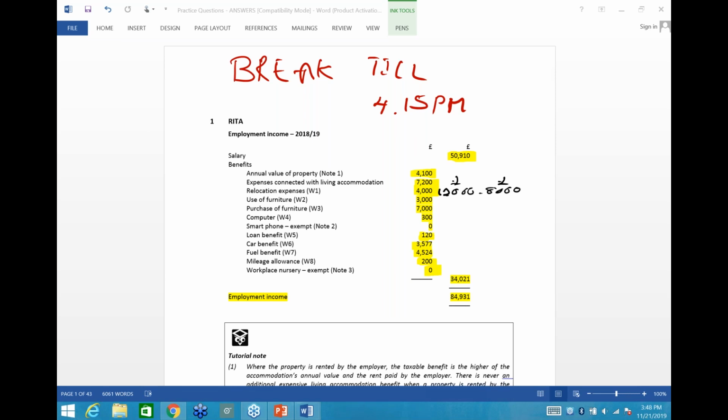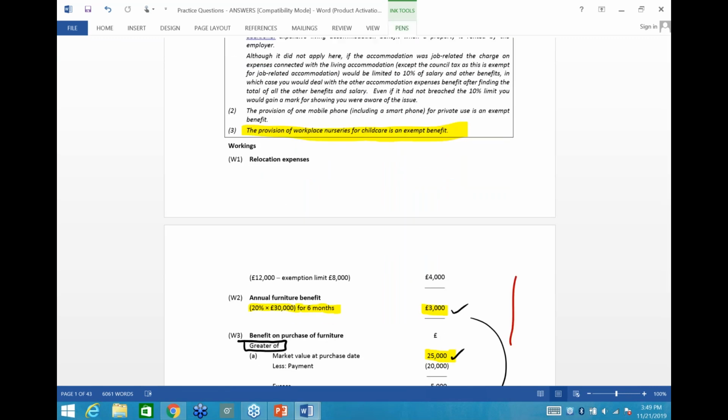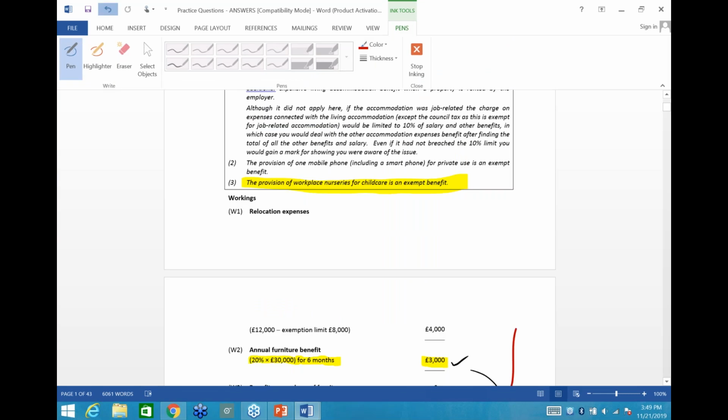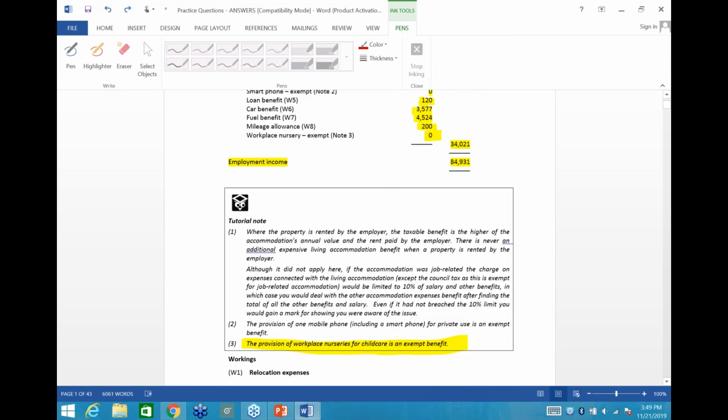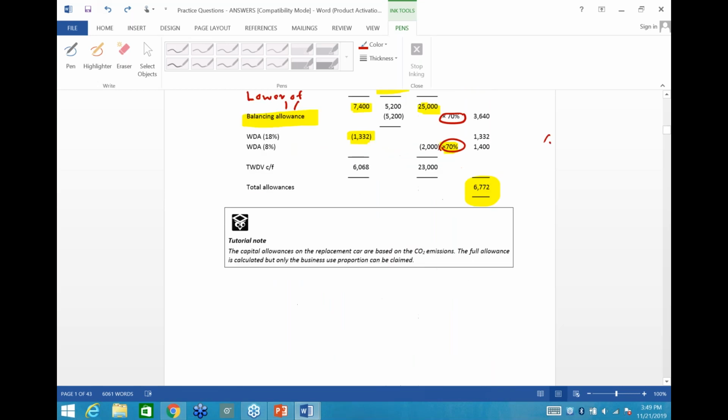Now, when it comes to trading loss relief, there are several reliefs available for an individual who's running an unincorporated business. One is carry forward relief.